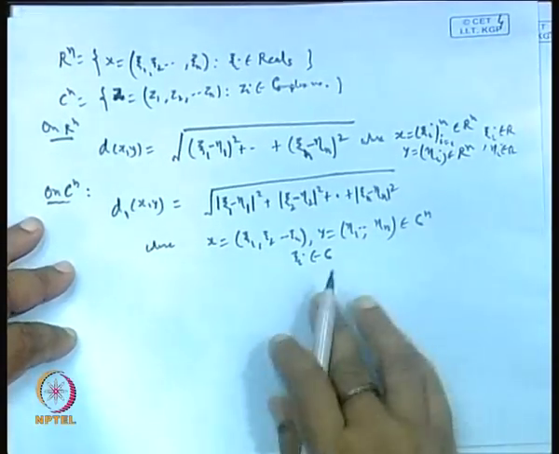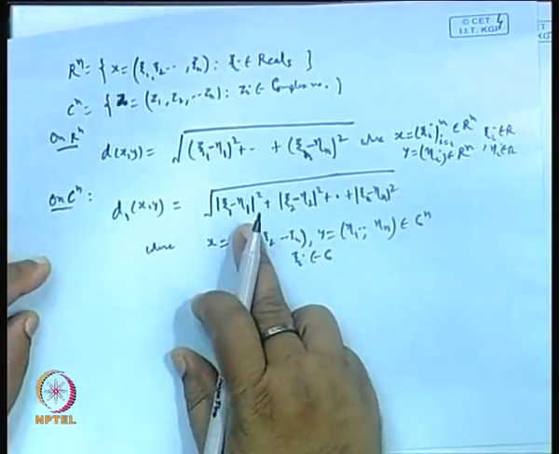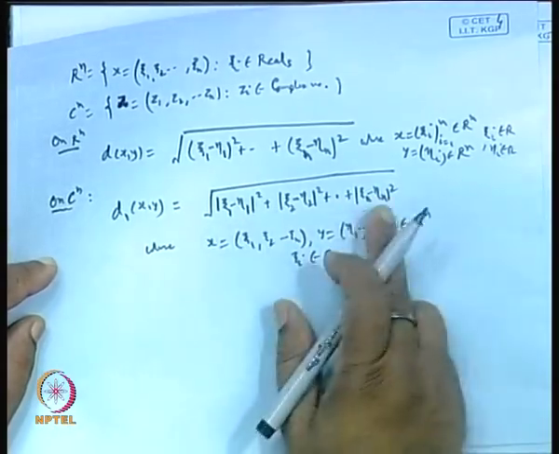Here they are complex numbers. So, that is why the modulus is used, so that this quantity becomes real and non-negative.